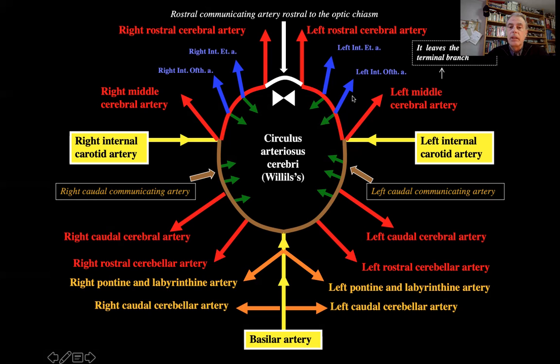This rostral cerebral artery gives rise to the internal ophthalmic artery and the internal ethmoidal artery. Both rostral cerebral arteries are communicated. There are communications in between them, called the rostral communicating artery. And the rostral cerebral artery continues rostrodorsally to vascularize different parts of the cerebrum.